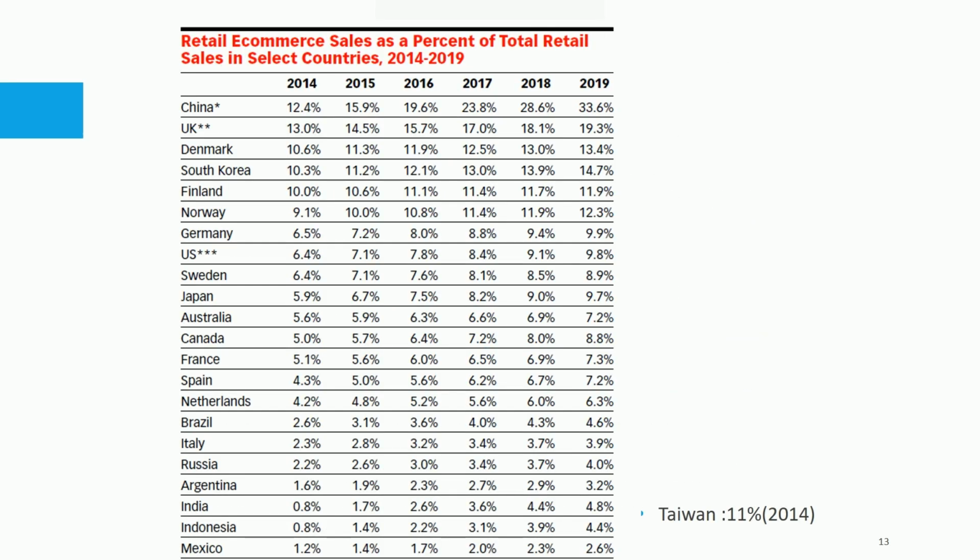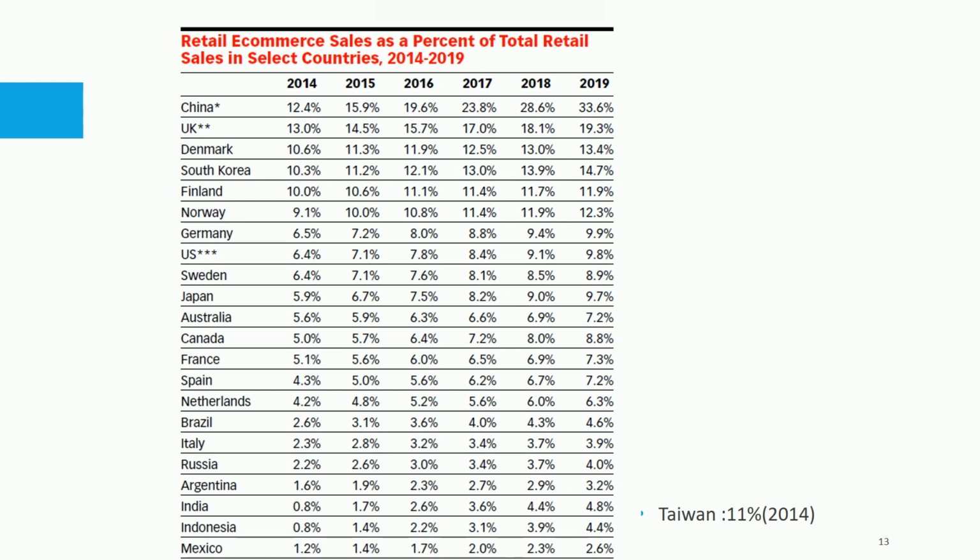The next one, we have retail e-commerce sales as a percent of total retail sales in selected countries, still from 2014 until 2019. And again, China has the highest percentage of all retail e-commerce sales among the countries listed, starting at 12% in 2014, and it reaches 33% in 2019.